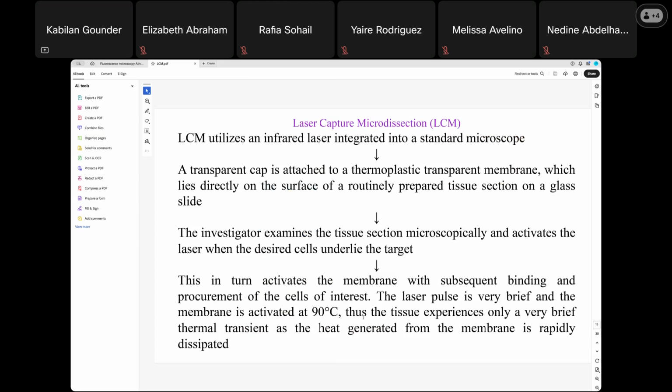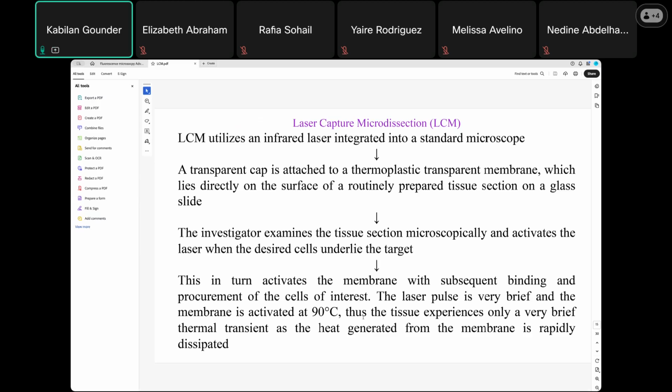A transparent cap is attached to a thermoplastic transparent membrane, which lies directly on the surface of a routinely prepared tissue section on a glass slide, as I mentioned earlier. If you really want to examine which part of the section, we can activate that area using the laser when the desired cells underlie the target.